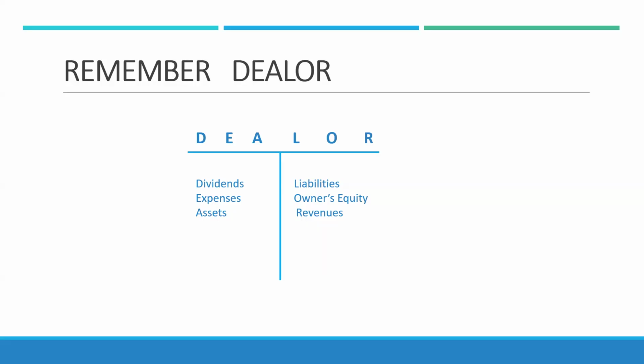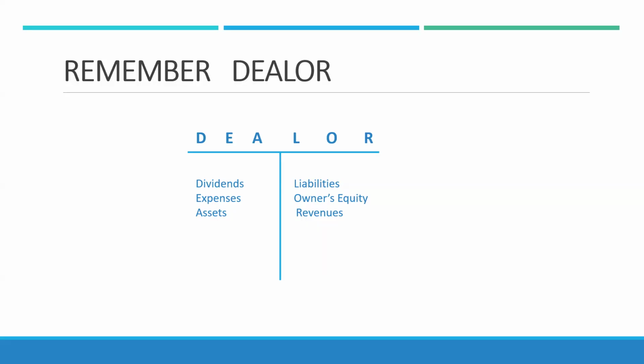The word dealer, the first three letters, DEA, dividends, expenses, and assets have a normal debit balance on the left side. LOR, liabilities, owner's equity, and revenues have a normal credit balance.